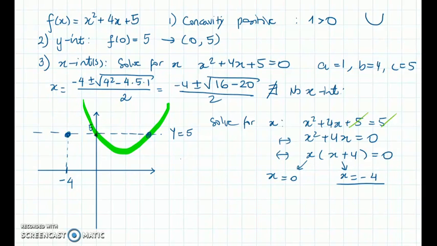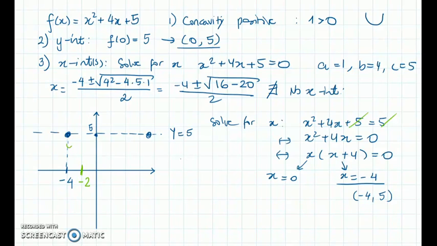So let me erase the quadratics because actually those were just possible cases. But now we can say more about the quadratic, because if we know that the point (0, 5) and the point (-4, 5) have the same height, it means if I were able to fold the parabola, those 2 points will coincide. So that means that the vertex and the axis of symmetry are halfway between those 2 points. So they had to be exactly at x equals -2.